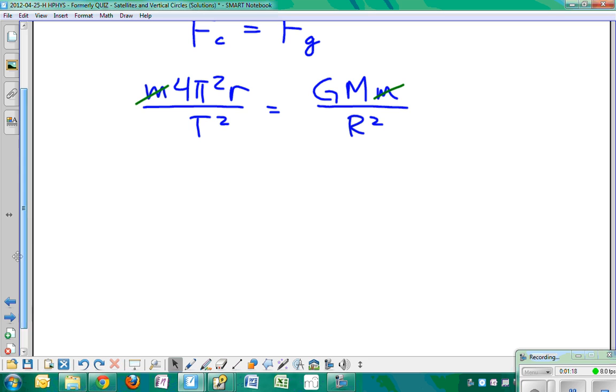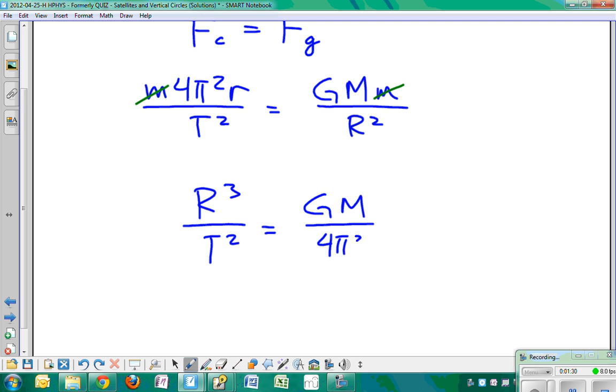So we can get to here, r cubed over T squared is equal to GM over 4 pi squared. So just multiply each side by T squared.